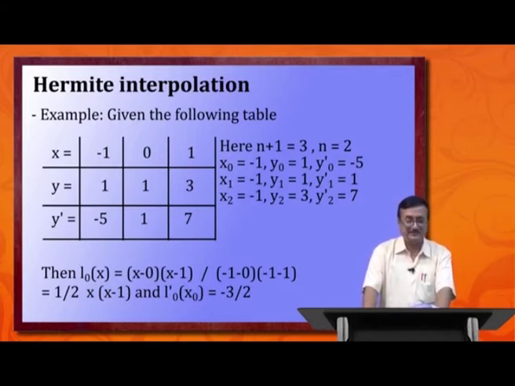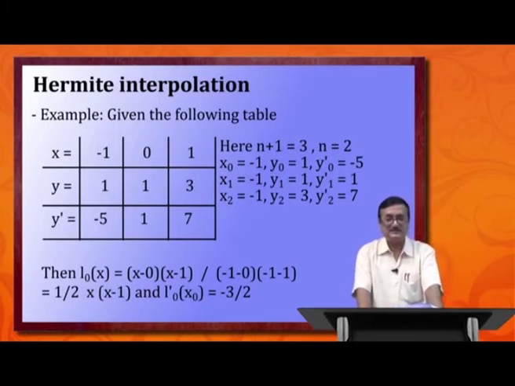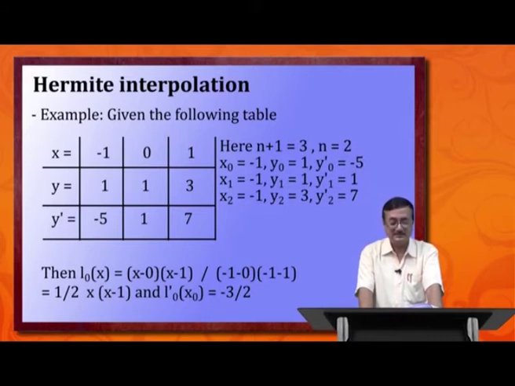We compute L0(x). L0(x) is (x - x1)(x - x2) divided by (-1 - 0)(-1 - 1), which gives L0(x) as half of x(x - 1), so that L0'(x0) is -3/2. Similarly, we find the other L1(x) and L2(x) and the corresponding L1'(x) and L2'(x).